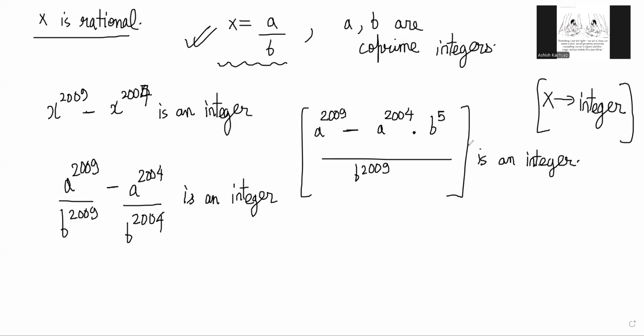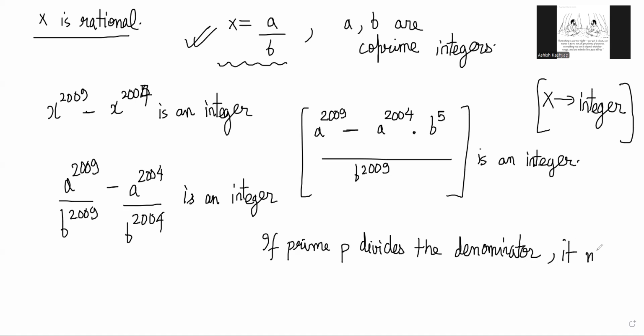So if this is an integer, that means what we can say is if prime p divides the denominator, it must also divide the numerator, correct? Yes, sir. If it's an integer, all of the stuff must cancel out, all the prime factors, right?